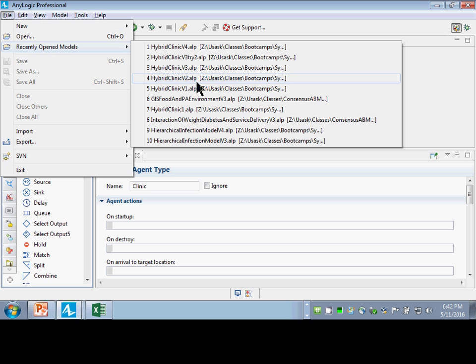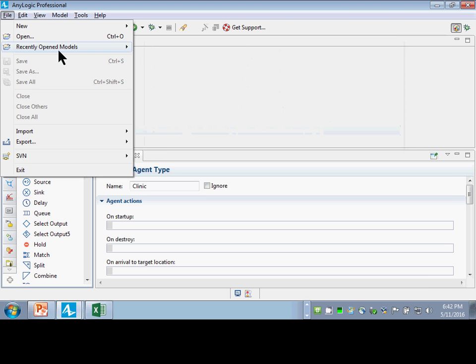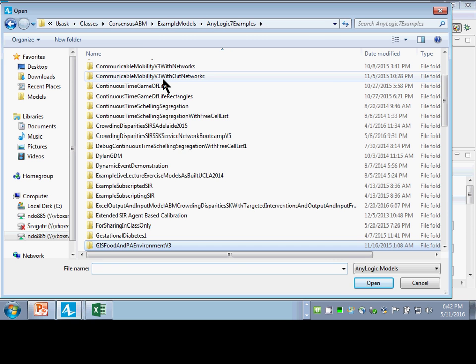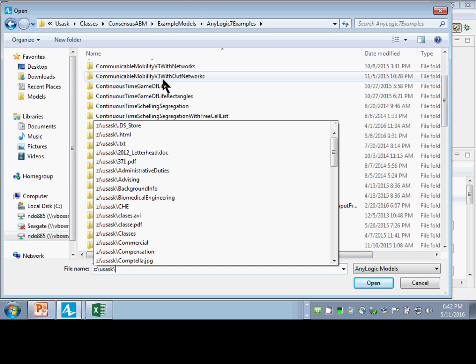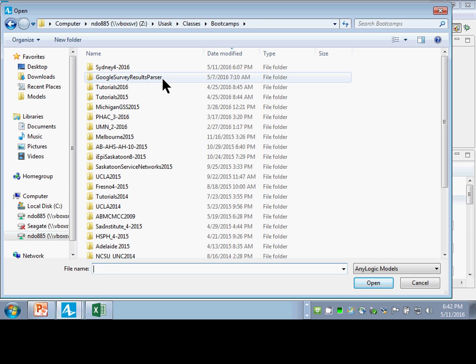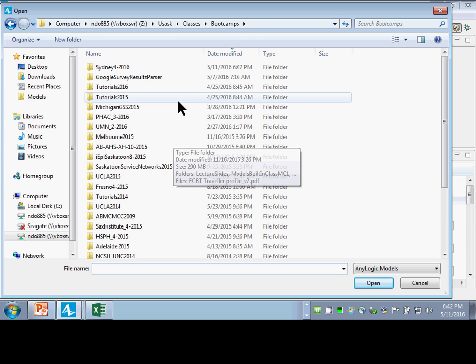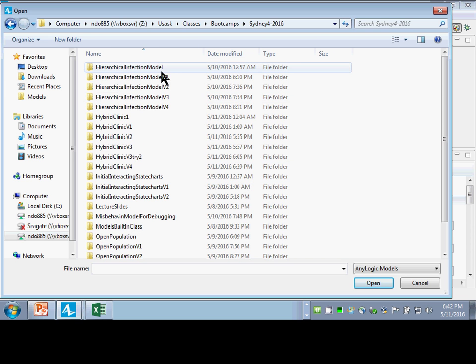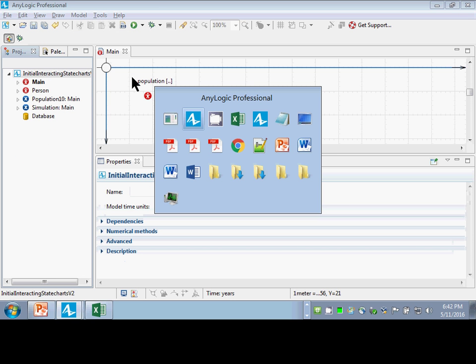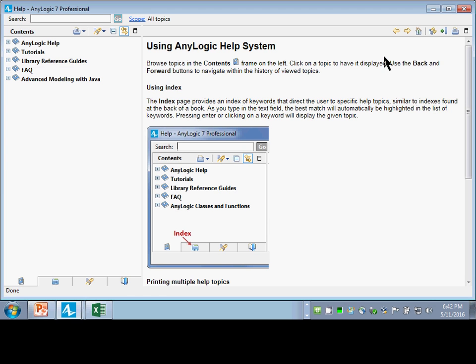Alternatively, you could use your own. I'm just going to open it up for mine too. Here we are. So you can download it if you'd like, or otherwise open up your own version of it.